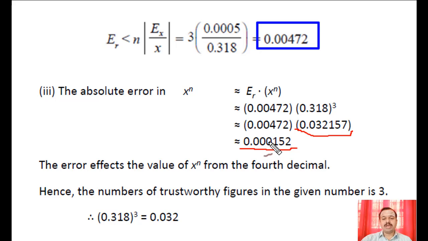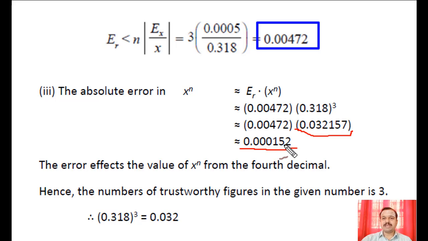So by looking at this, the absolute error is 0.000152, that is very small. It is starting with the fourth place. It is making a difference in the answer from the fourth place, because the absolute error has the value 0.000152.